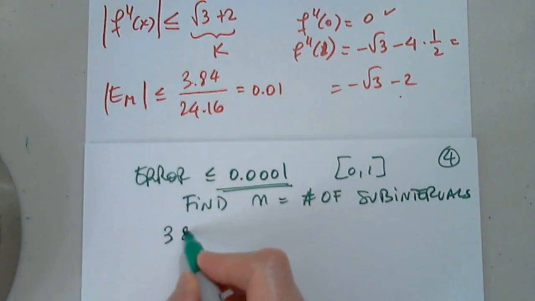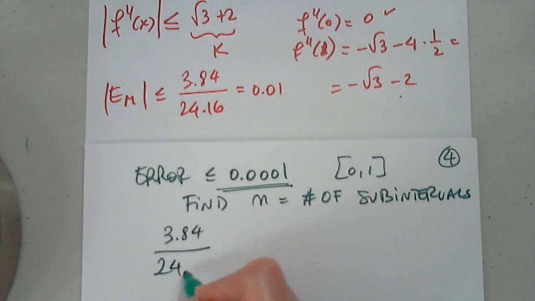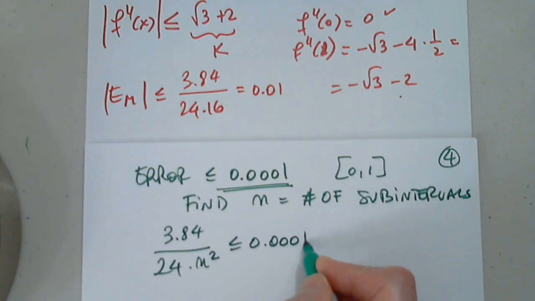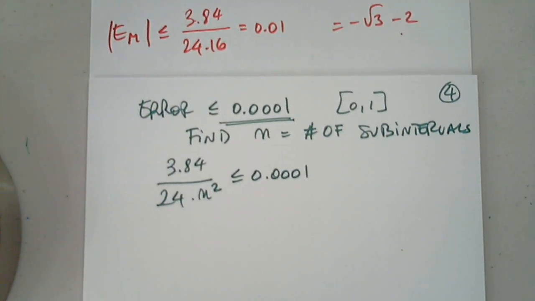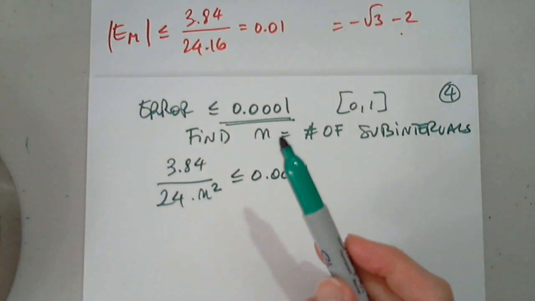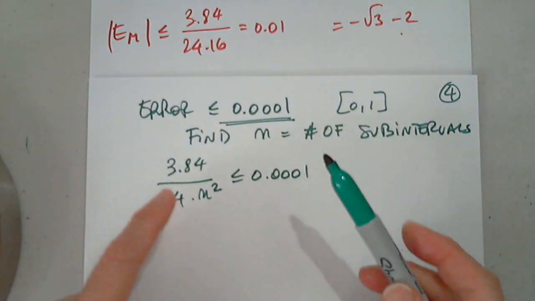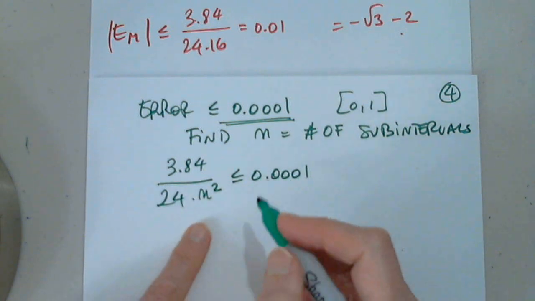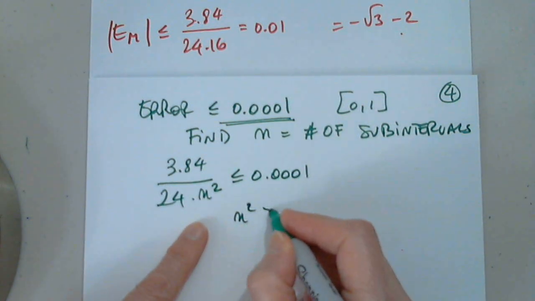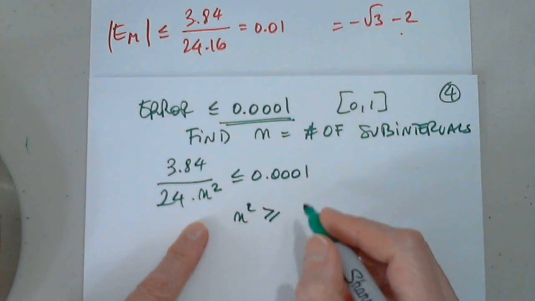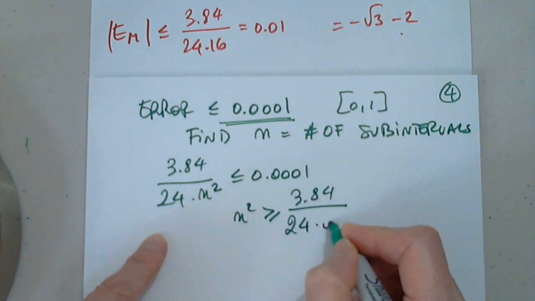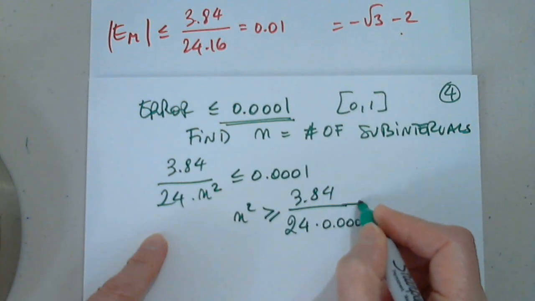So I have 3.84 divided by 24 multiplied by n squared, and that is less than or equal to 0.0001. Okay, if that's the case, I will cross multiply, and then I will divide by 24, so n squared is greater than or equal to 3.84 divided by 24 times 0.0001.